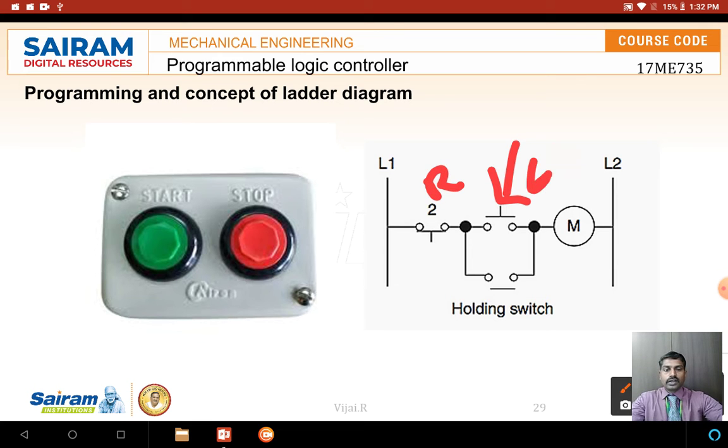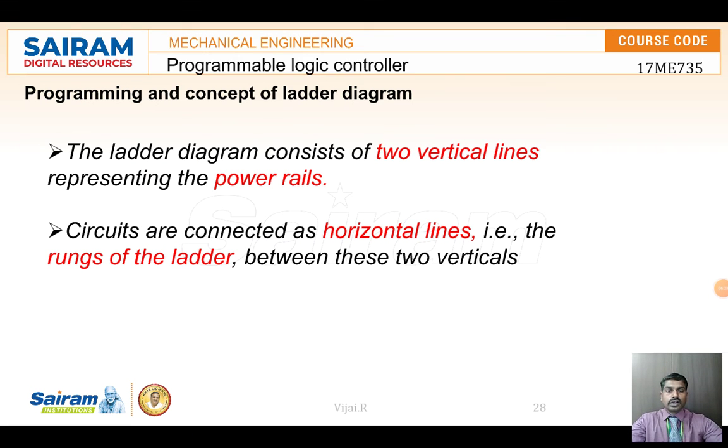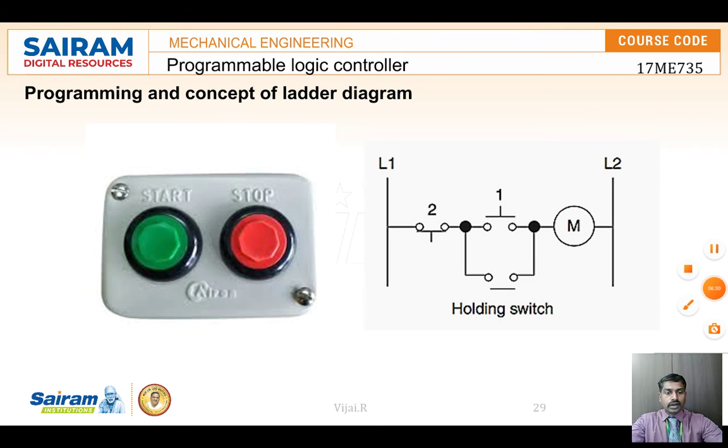So when we press this, automatically the line gets connected, and it goes to the motor, right? This is the circuit that is giving the power. And you can see here a holding switch.